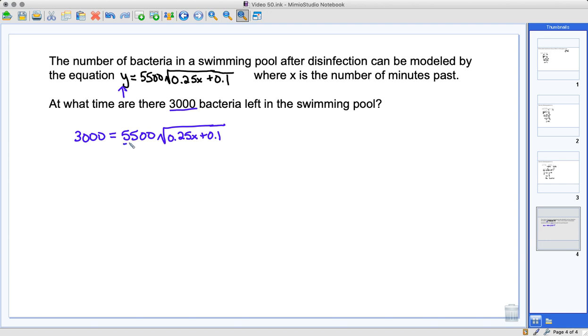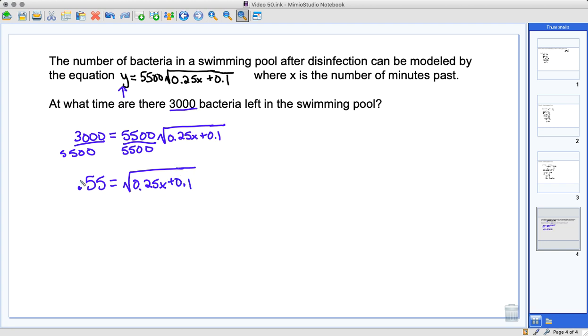First thing we do is divide by 5,500. If I take 3,000 divided by 5,500, I'm going to round it, so I'm going to say 0.55. It's going to be a rounded value, and that's okay.